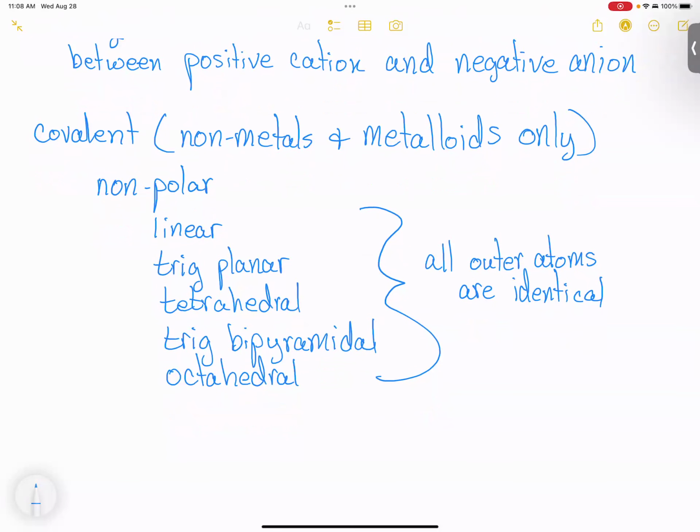Also, within this nonpolar group, you're also going to encounter hydrocarbons, of carbon and hydrogen only.